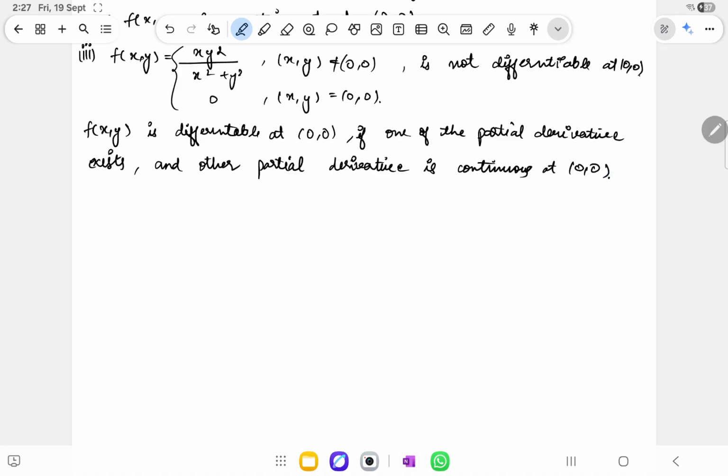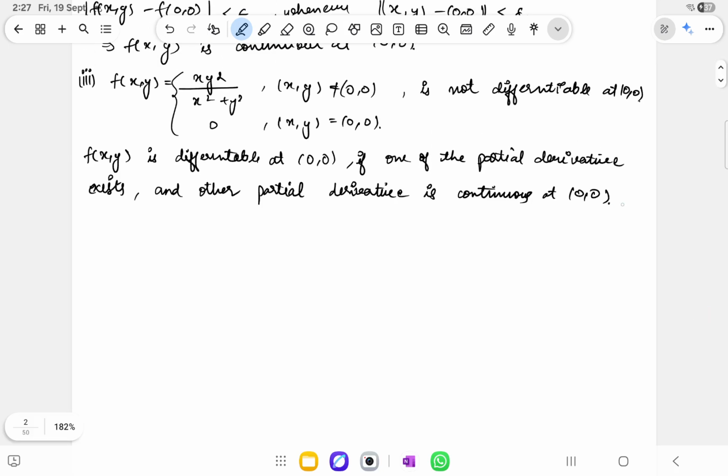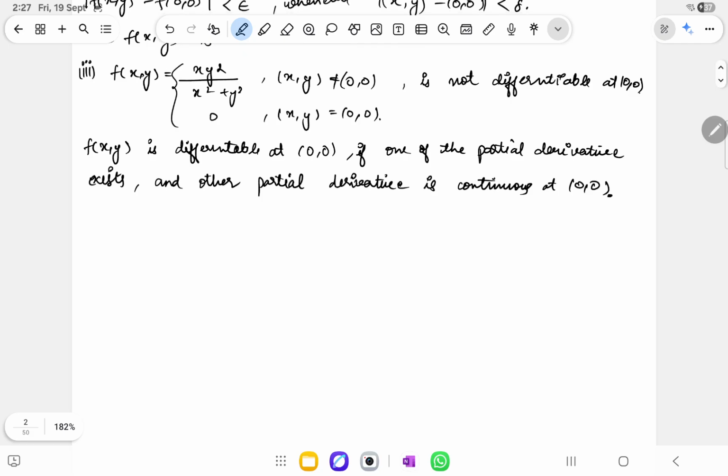So if any one of the partial derivatives exists and the other partial derivative is continuous, then we can say that the function f(x, y) is differentiable at (0, 0). So for that, first let us find the partial derivative of f with respect to x and y both.